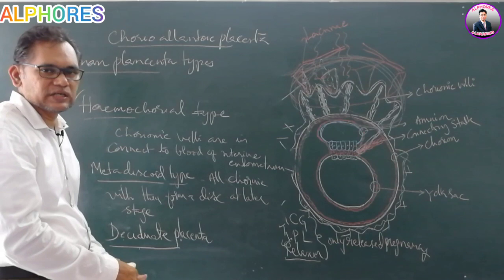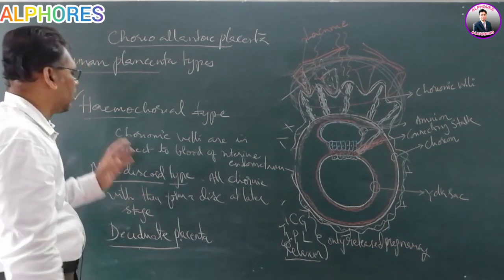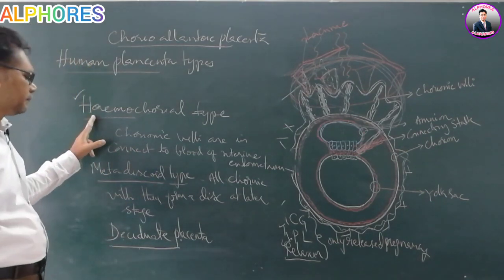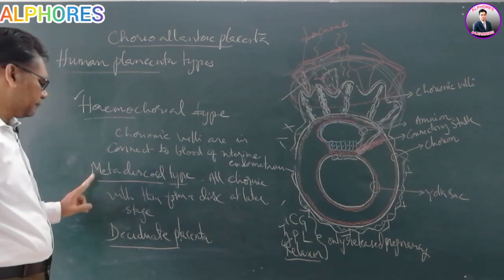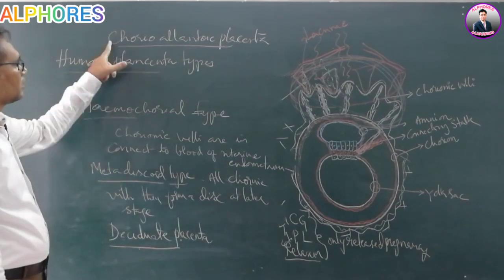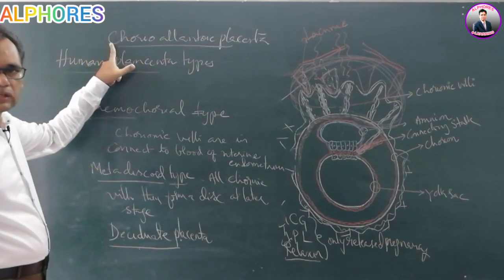Now the human placenta is considered as hemochorial type, metadiscoidal type, deciduate type, chorioallantoic type of placenta.